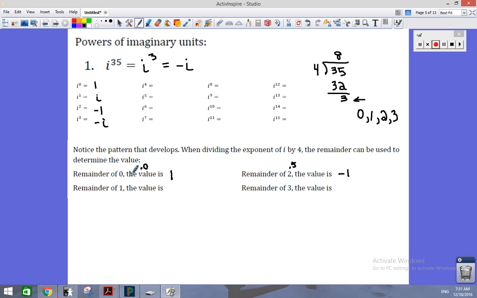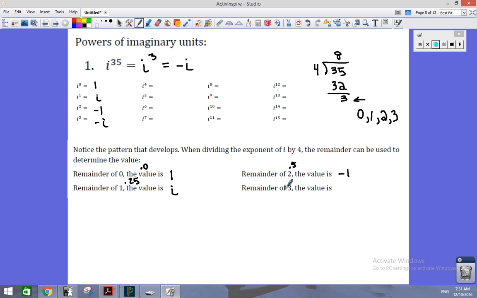When you have a remainder of 1, the number following the decimal point is going to be 25, because you've got 1/4, and 1/4 is 0.25, and i to the first is just going to be i.